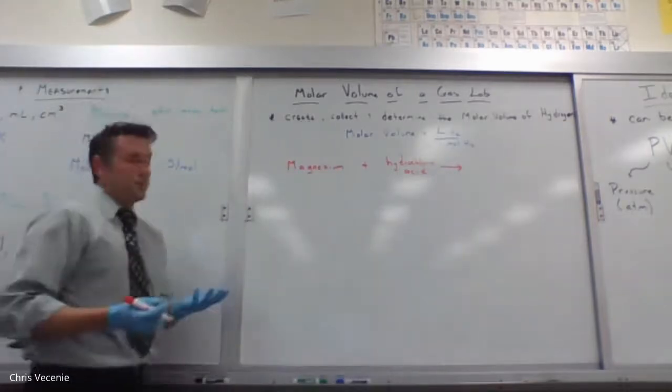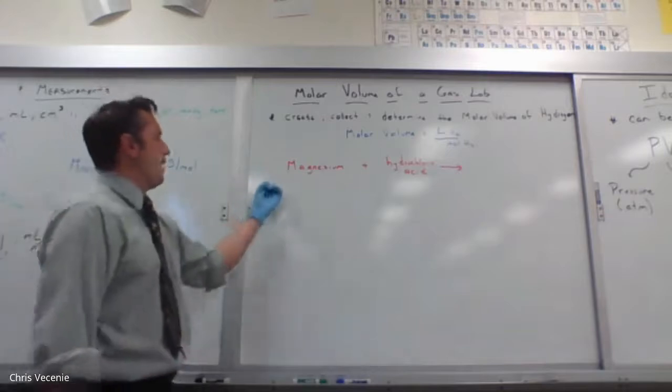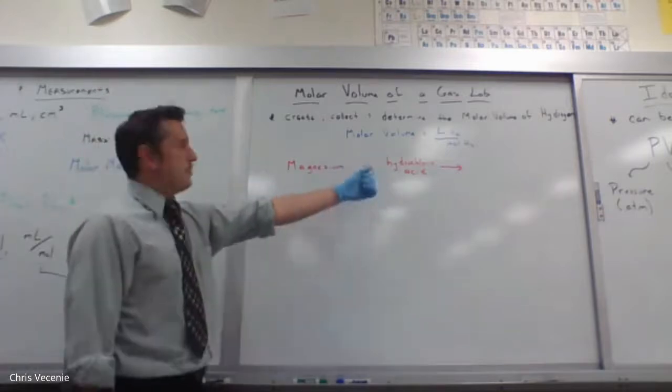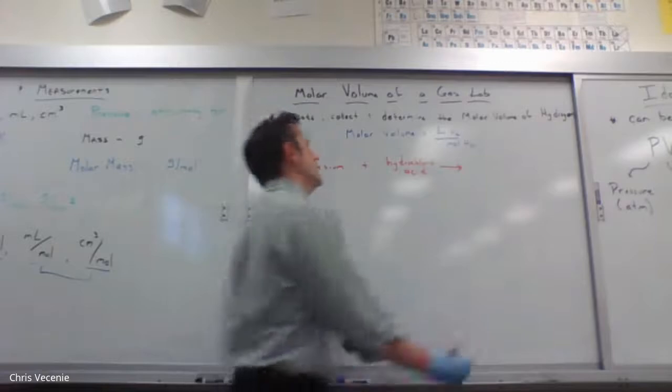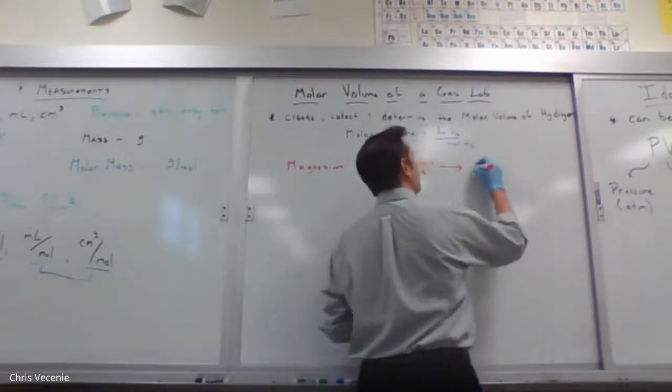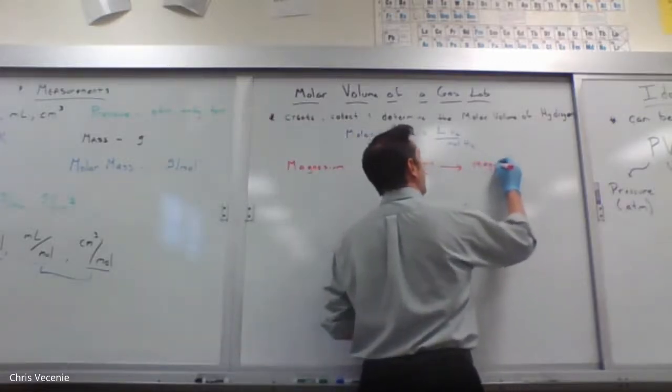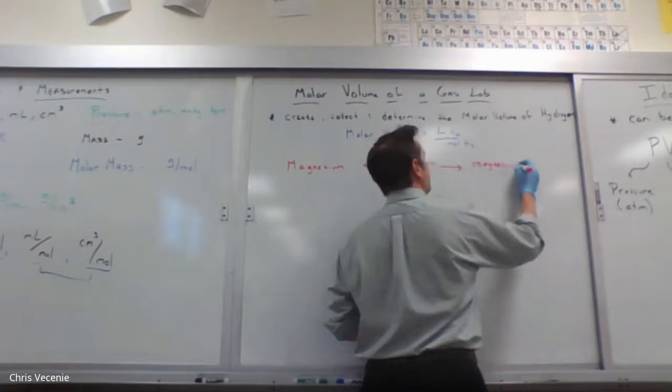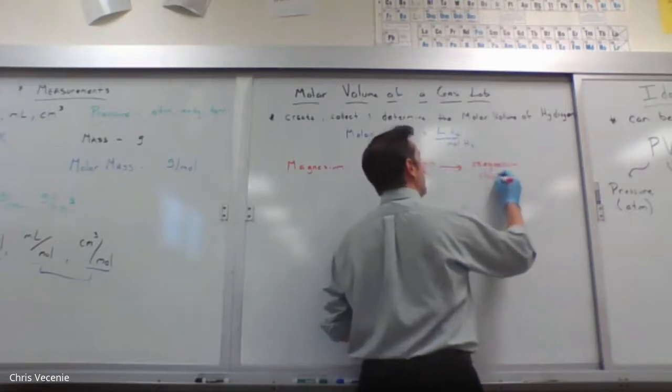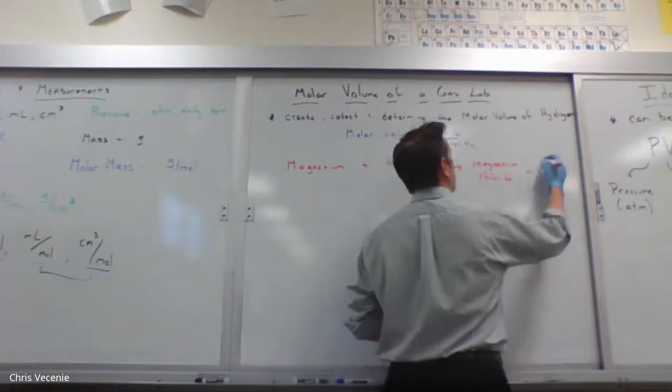All right, so if we took a look at this, it'd be a single replacement. The magnesium would kick out the hydrogen in the hydrogen chloride. So we end up getting magnesium chloride plus hydrogen.